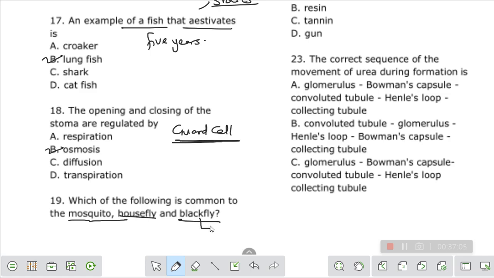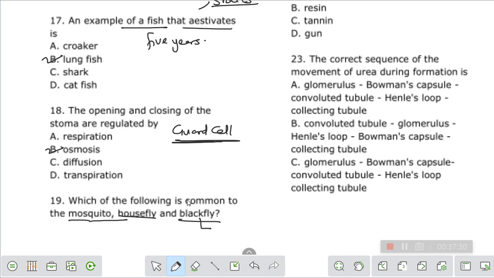If you look at the options, you should know that they are trying to test us. That's why you need to be grounded in the theory. Sorry, blackfly is a complete metamorphosis. So all of them are complete metamorphosis.